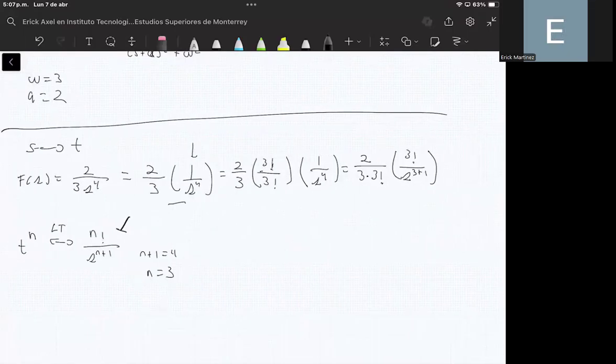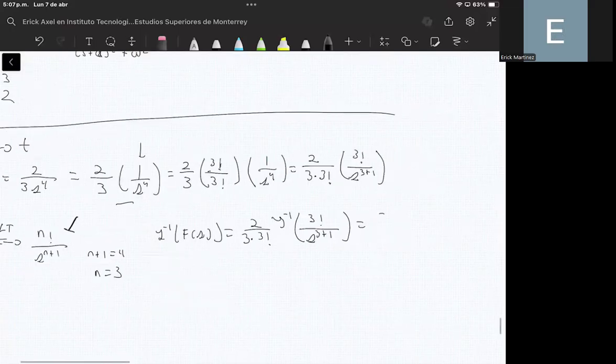So we can say that the inverse Laplace transform of f of s should be equal to 2 divided by 3 times 3 factorial, times the inverse Laplace transform of 3 factorial divided by s elevated to 3 plus 1.